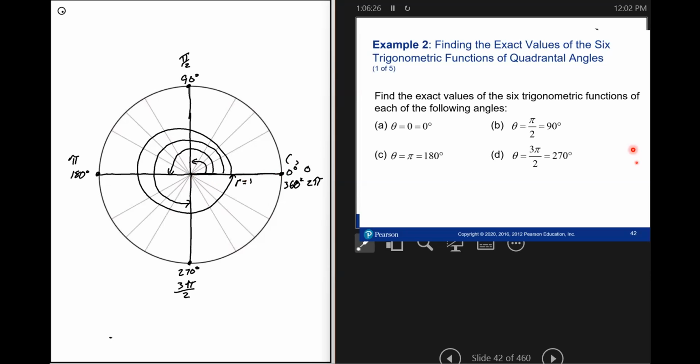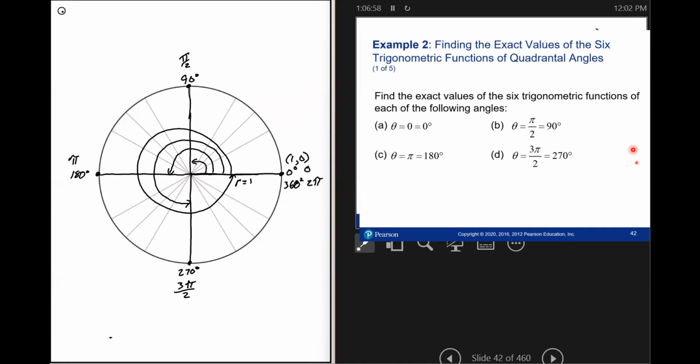Now I'm just looking at the coordinates. This is just 1, right? Because it's 1 unit away from 0. What's the y value of this point? It's on the x-axis. So what's the y value? 0.